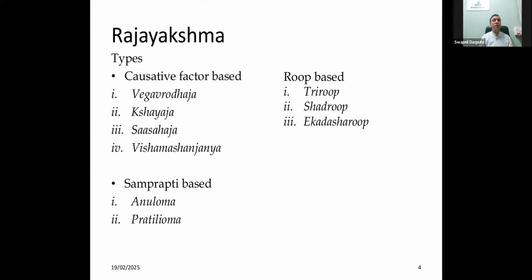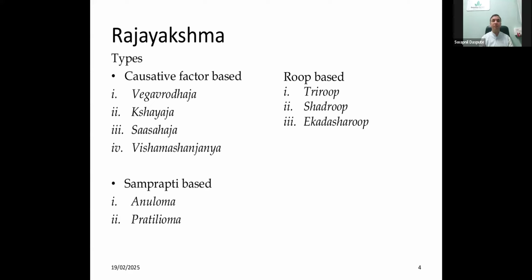Then based on the Samprapti, Anuloma and Pratiloma. So there is an Anuloma Samprapti, there is a Pratiloma Samprapti also. Anuloma is in the natural direction, and Pratiloma is against the natural direction. Based on Rupa, Rupa is the presenting symptom.